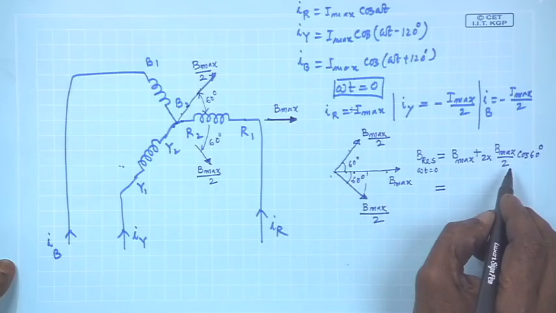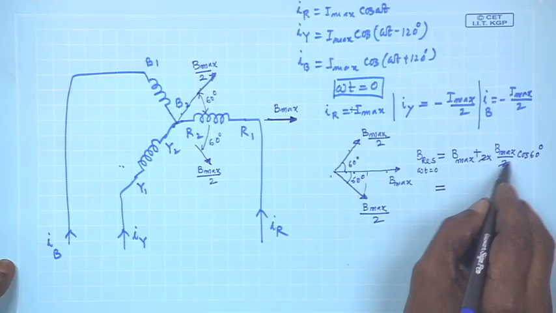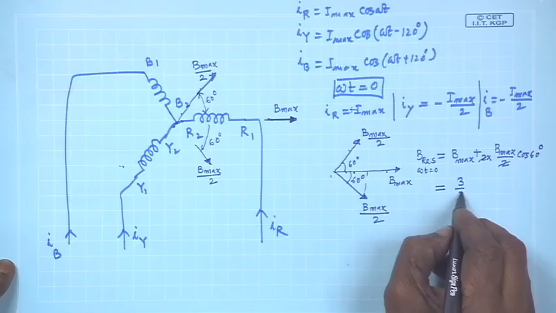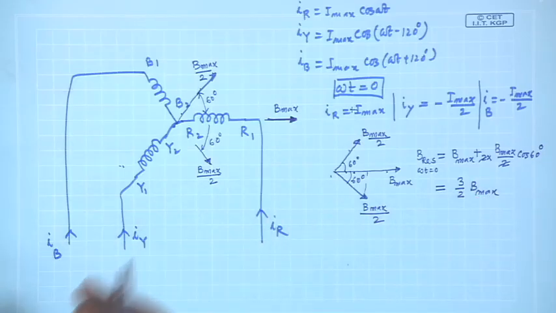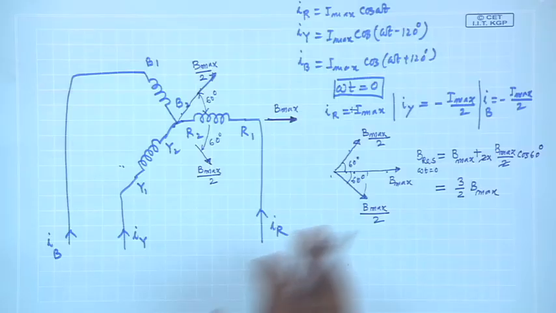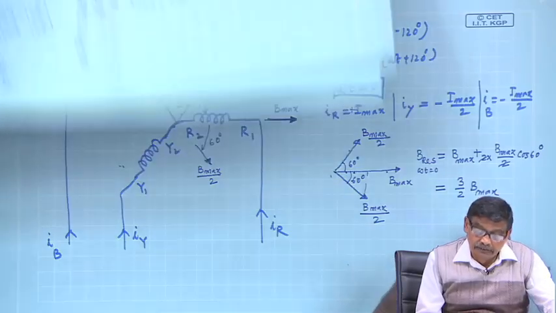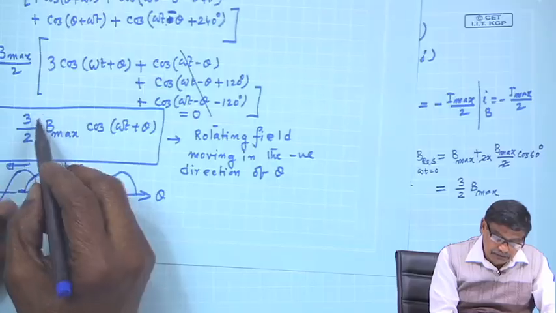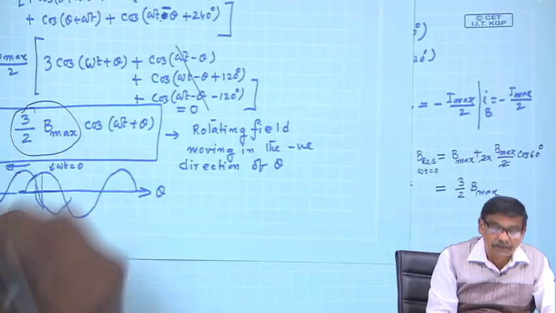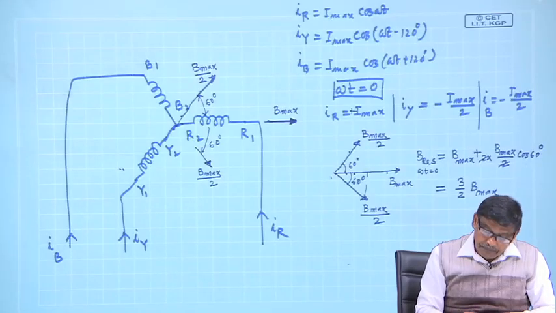So, this will be then, these 2 cancel and you will be left with 3 by 2 B max, and that is expected. Resultant field, no matter at what time you are calculating, it must become 3 by 2 B max. That is what we have found out earlier. 3 by 2 B max is the amplitude of the rotating field. Therefore, it will be 3 by 2 B max.